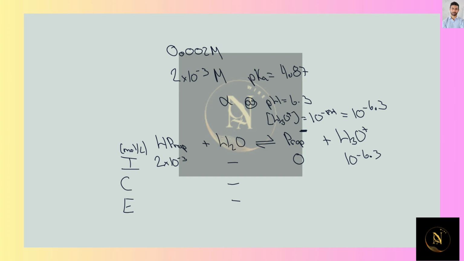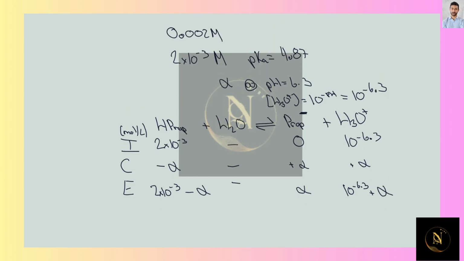Now, the amount of change, let's call it alpha, just to have it directly related to the percentage of ionization. So here we're going to have plus alpha and plus alpha. At equilibrium, we're going to have 2 times 10 to the minus 3 minus alpha, here alpha, and here 10 to the minus 6.3 plus alpha.